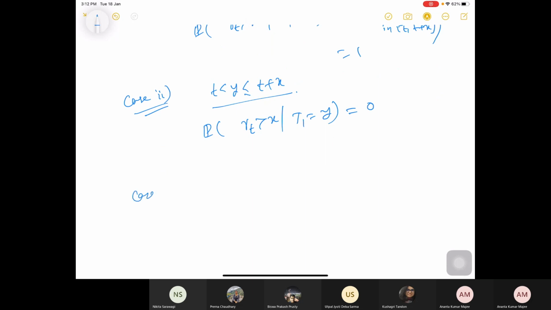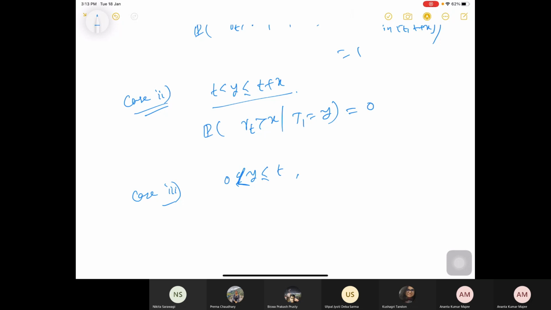Okay, so then third case, that 0 less than or equal to y less than or equal to t. This part is not a problem, because t1 cannot be 0, so there should be some renewal. So in this case, the first renewal happened at y, and then I can think of the process starting itself from y, and the remaining is nu of t minus y.